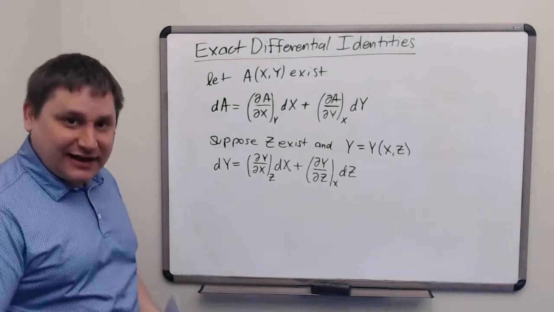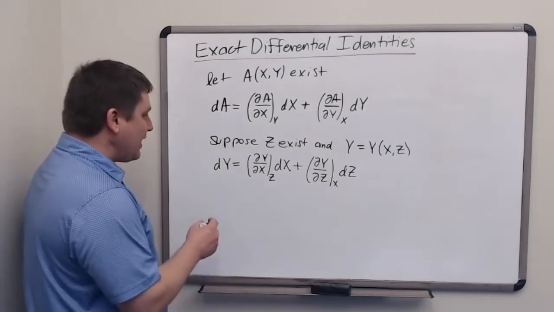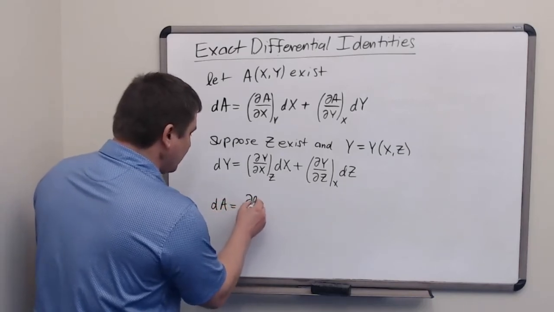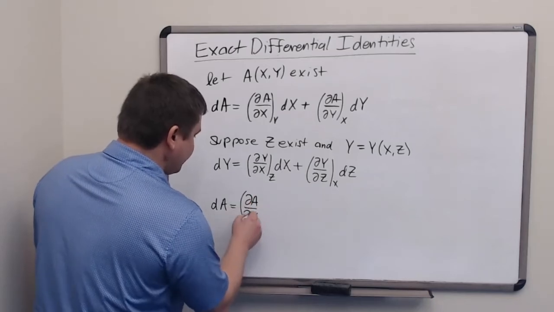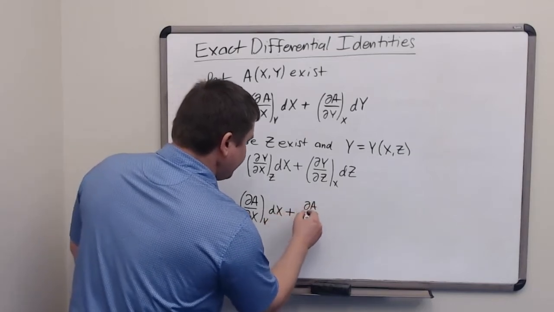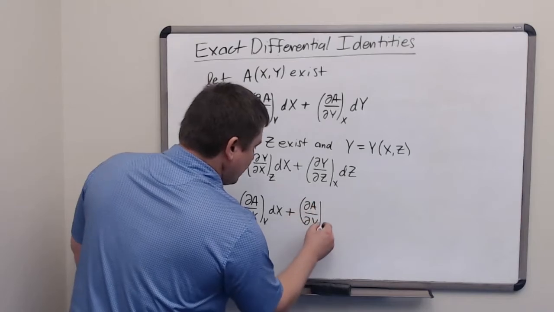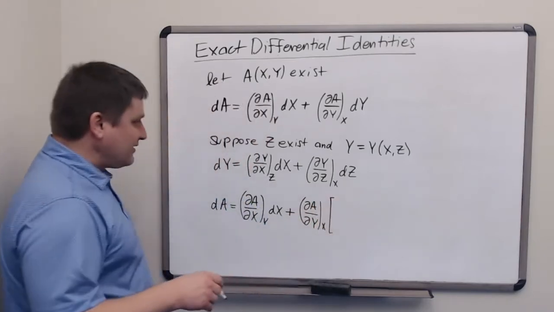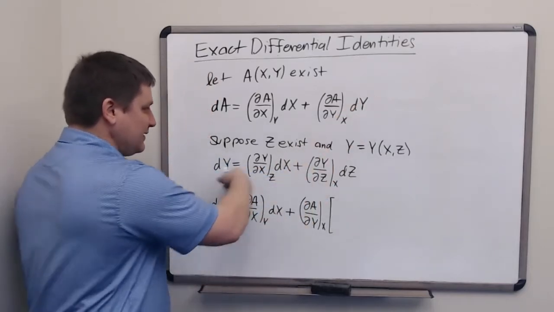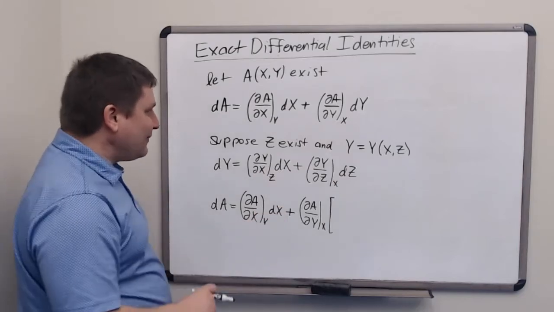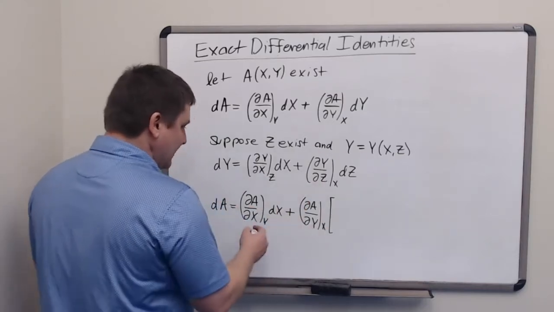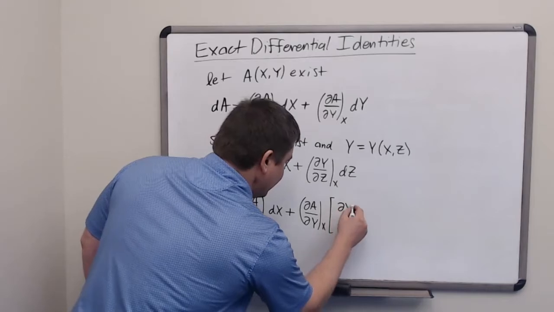The way we're going to get our identities that we'll be able to apply is by realizing that we can now take our expression for dA and try to eliminate the dy, right? y was supposed to be a function of z and x, so maybe z and x are the real independent coordinates in this system, and we'll get rid of y by plugging in this whole expression in these square brackets.